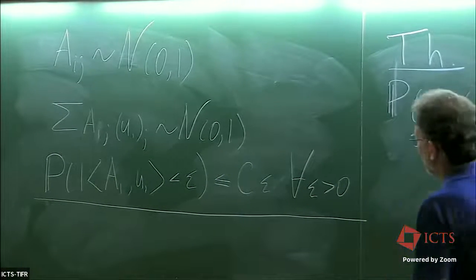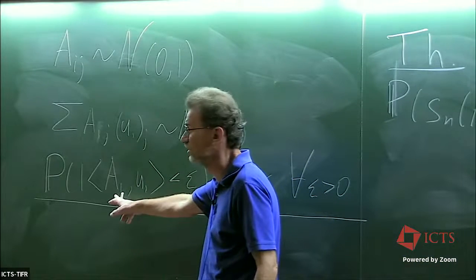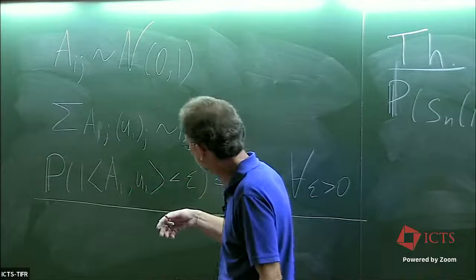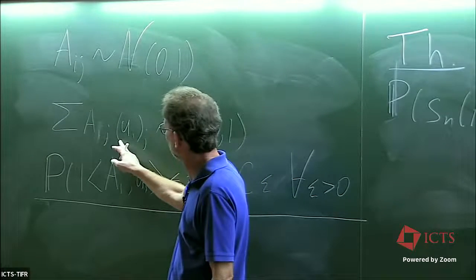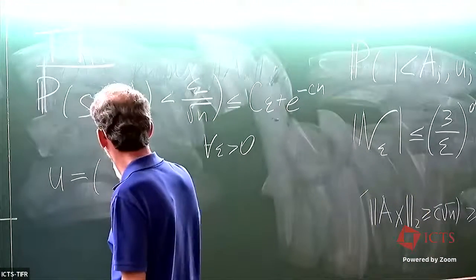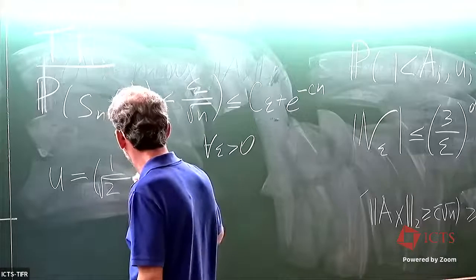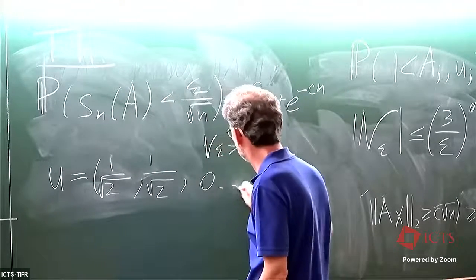Let's assume that the entries Aij are Bernoullis, and say the vector u has two equal coordinates, and the rest are zeros.